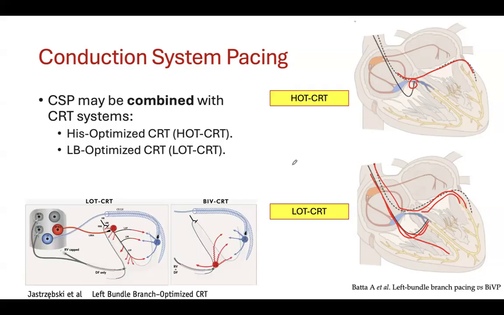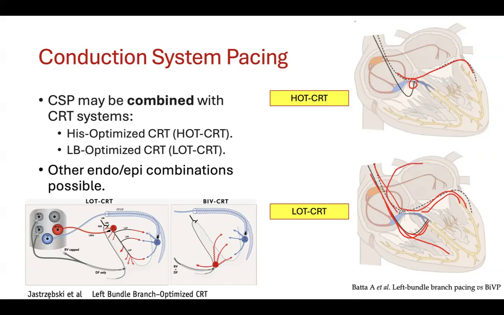Presumably LOT CRT or HOT CRT is better than regular CRT. And like we said, there are other endo-epi combinations that are possible. For example, you can implant a left bundle lead transvenously and a left ventricular lead epicardially, and so forth.